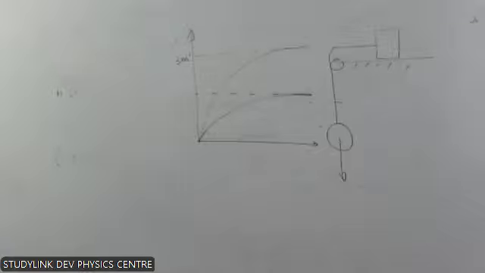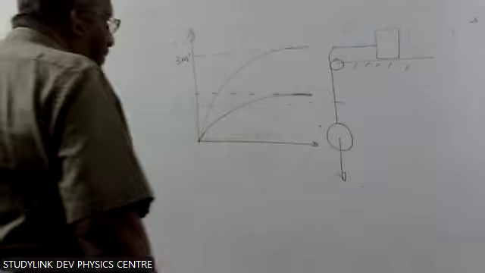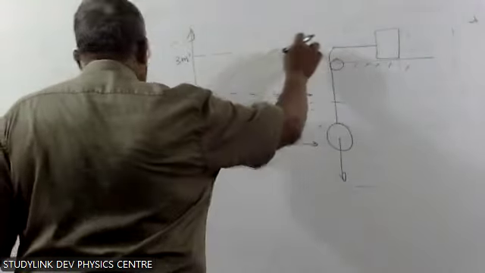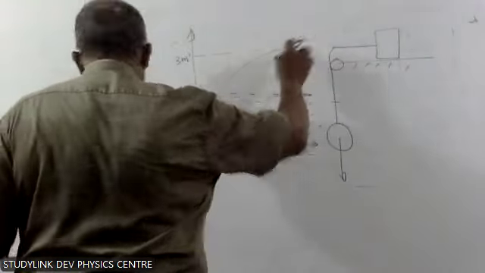The second situation, 1.5, they have given. So the terminal velocity from the beginning you can consider this because they have given both. So first one is like that, second one is like that.